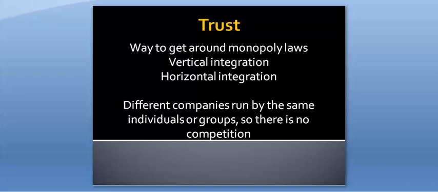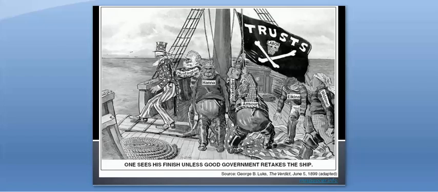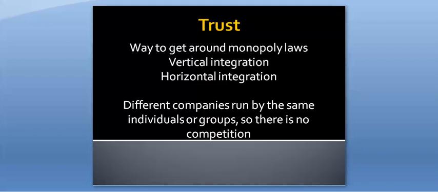This way, he controlled all of his costs and was never paying anyone else for any part of his business. In fact, others ended up paying him for transportation of their goods. So vertical integration is controlling all aspects, all levels of the business.